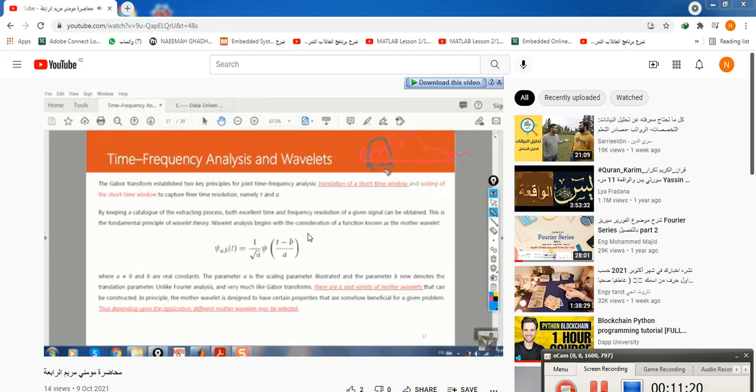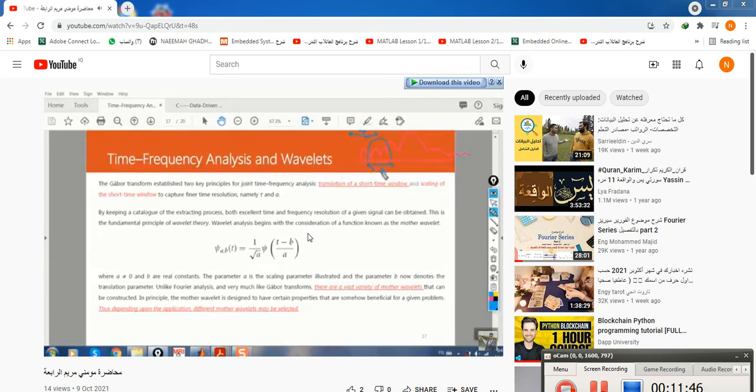The duration of this window is A, and it translates along the signal. Okay. And from the origin we call it tau.